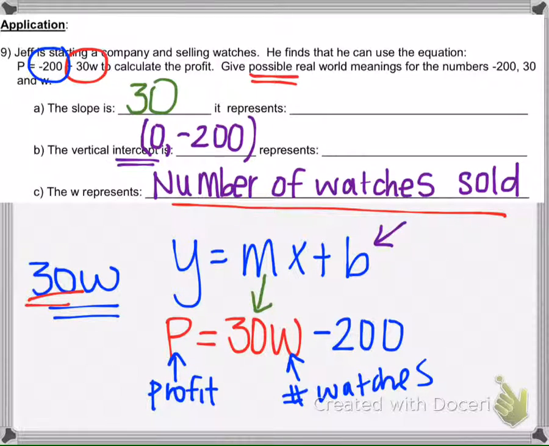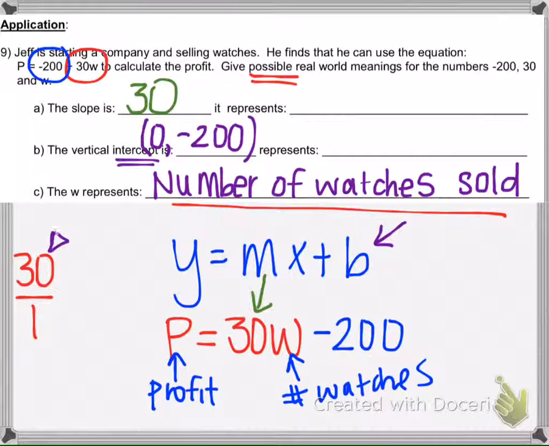If we take the 30, and I could put a 1 underneath, since it's the rate of change, this represents the change in the output, which is money, the profit.